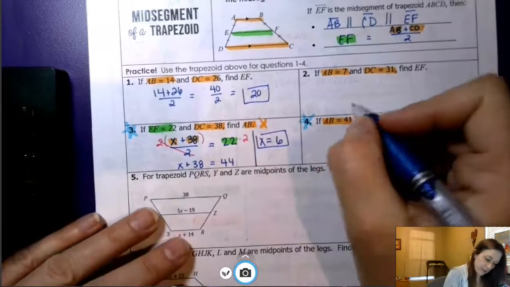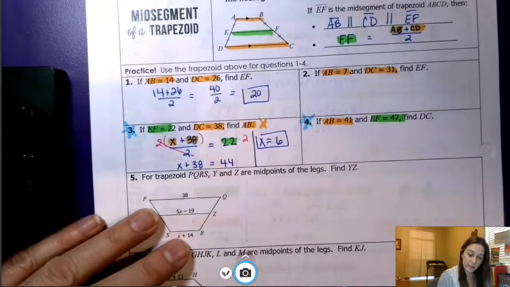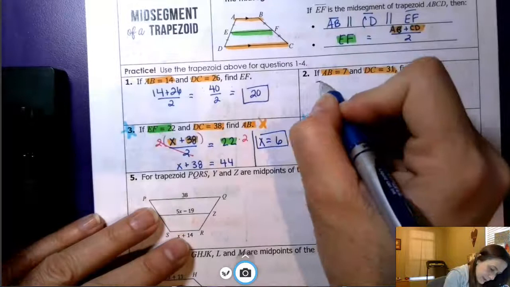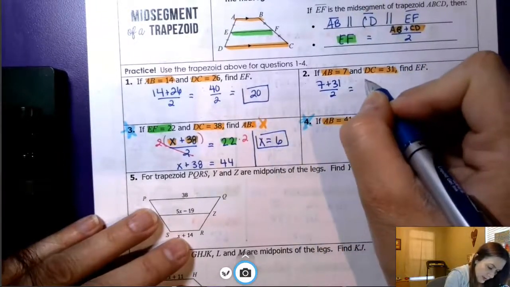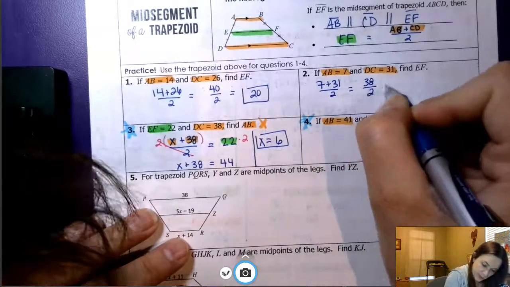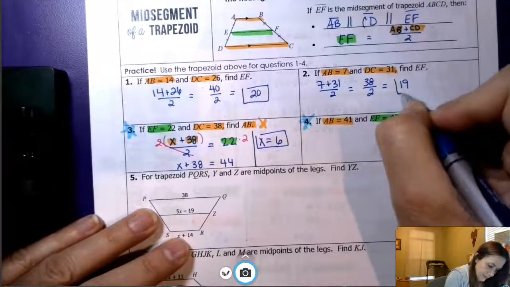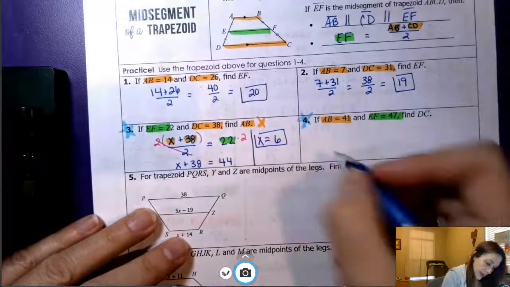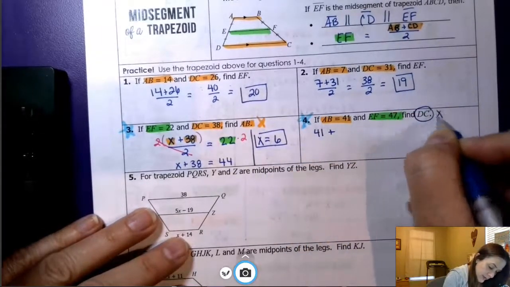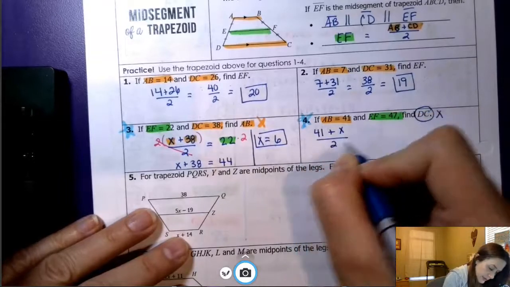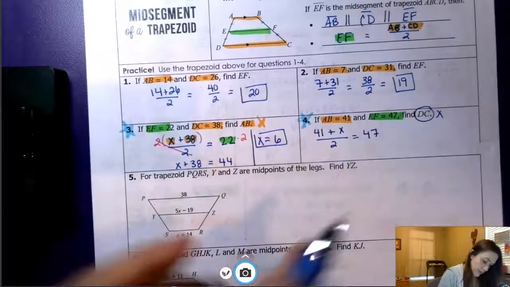Over here, when you do these ones, hopefully you did these ones already, pause, make sure you get the right answer. 7 plus 31 divided by 2, 38 divided by 2 equals 19. Here again, I have 41 plus my missing value is my x, divided by 2 equals 47.